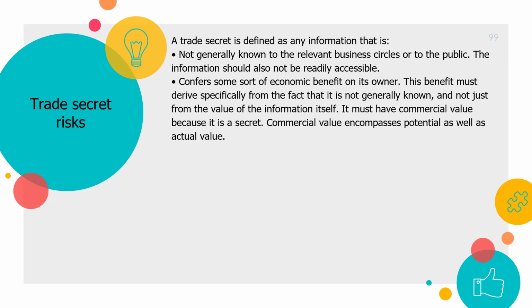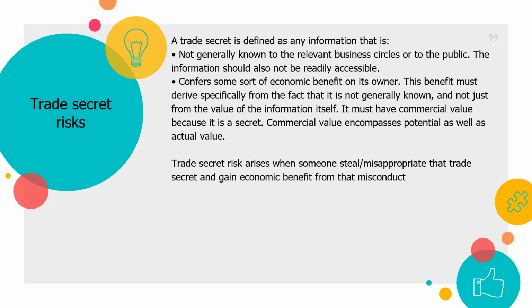These benefits must derive specifically from the fact that it is not generally known, and not just from the value of the information itself. It must have commercial value because it is a secret. Commercial value encompasses potential as well as actual value. So trade secret risk arises when someone steals or misappropriates that trade secret and gains economic benefits from that misconduct.